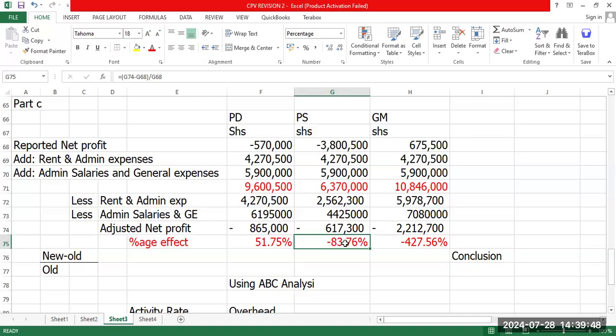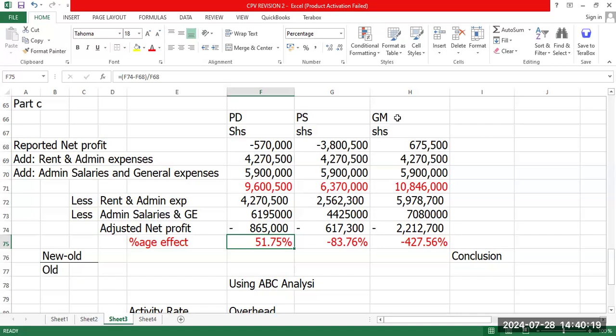When you say reduced by, don't put negative again. While that of PD increased by, now this is an increase, increased by this percentage.